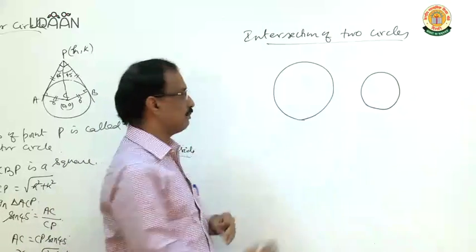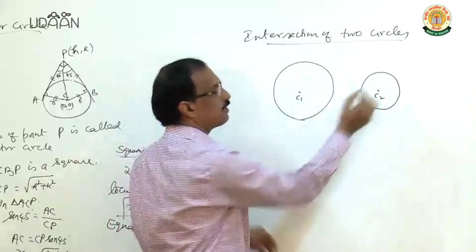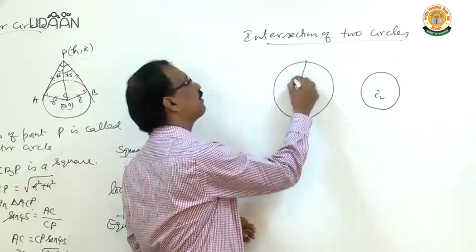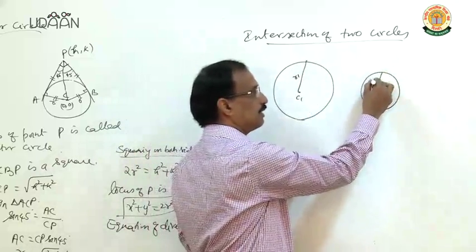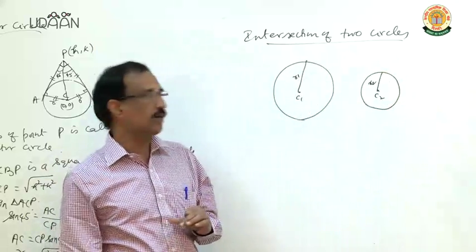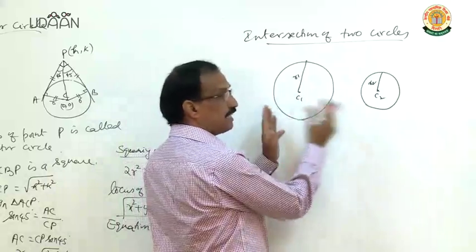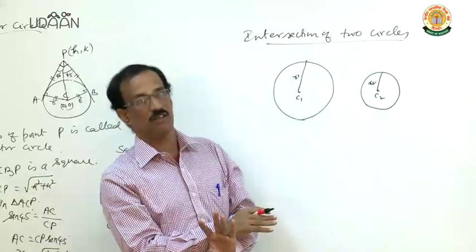C1 is the center of one and C2 is the center of the other. Let R1 be the radius of the big one and R2 the radius of the second one. Here there is no intersection of these two circles. They lie on the same plane.